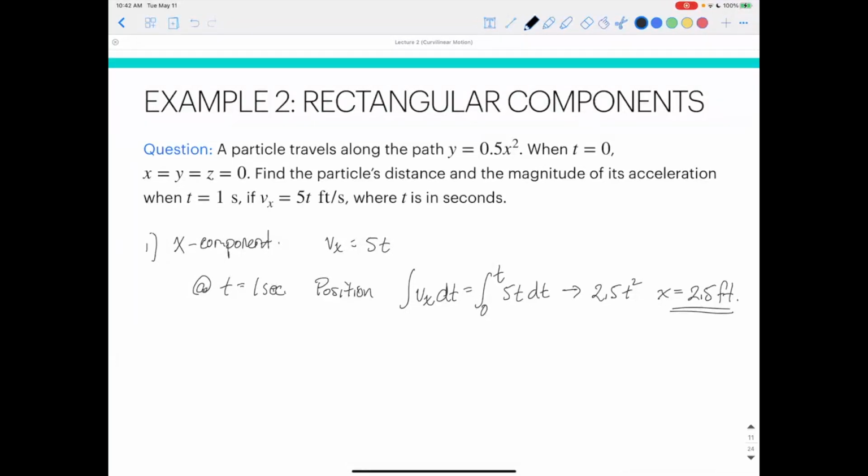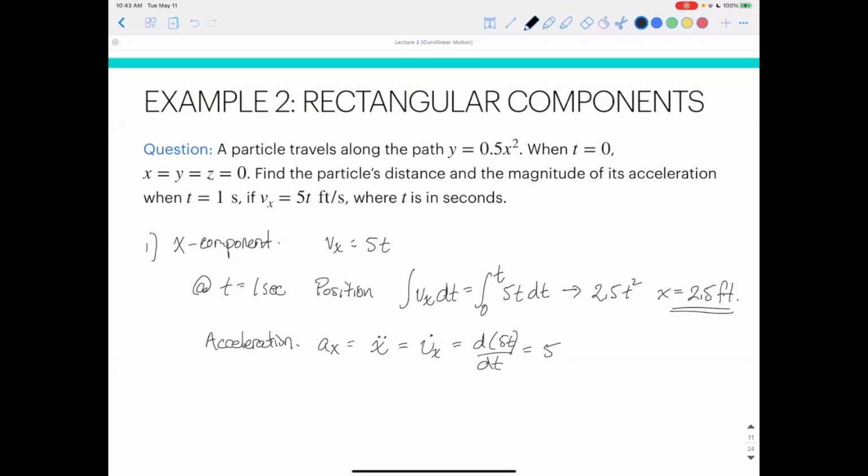Then the other part it's looking for is its acceleration, so we need to find the x component of acceleration. The x component of our acceleration is equal to x double dot, which equals vx dot, so it's the time derivative of 5t, which is just equal to 5.